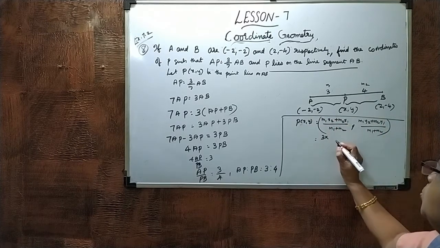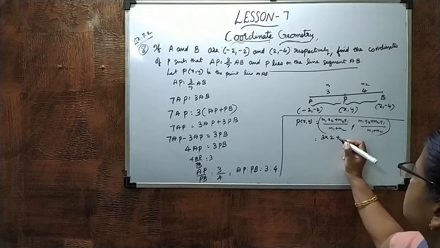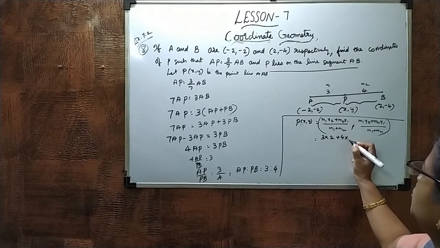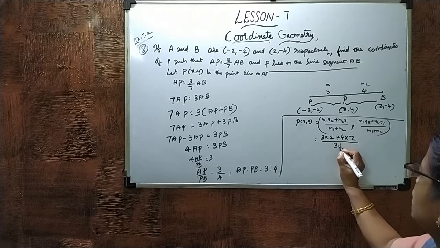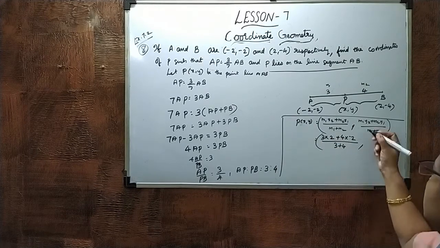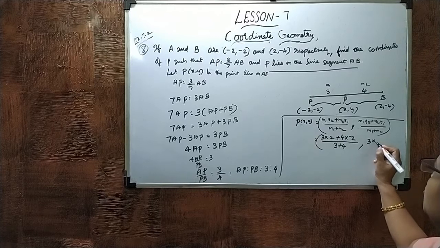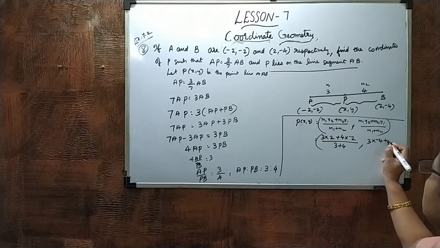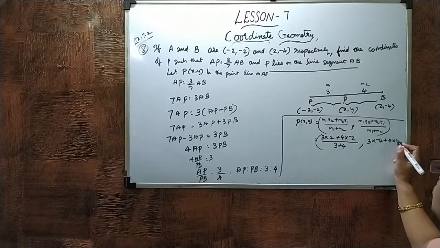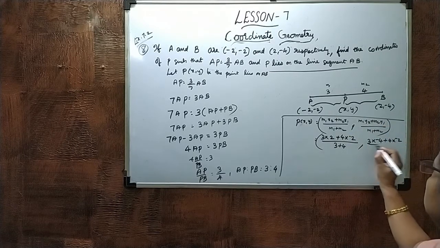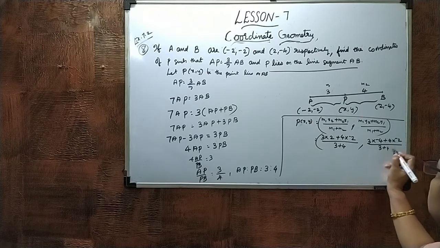So 3 into x2, which is 2, plus M2 which is 4 into x1, which is negative 2, divided by M1 plus M2, 3 plus 4. Then 3 into y2, which is negative 4, plus 4 into y1, which is negative 2, divided by 3 plus 4.